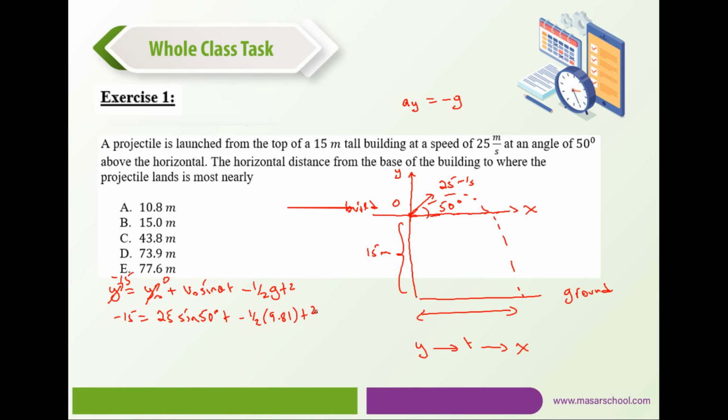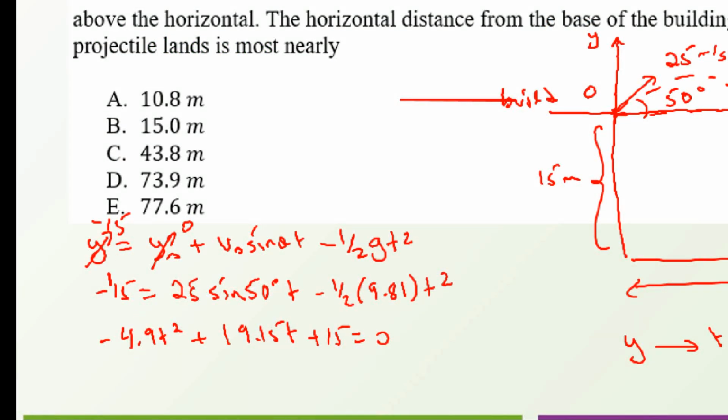Now rearranging this quadratic equation and putting it in decreasing power, that would give us minus 4.9 t squared plus 19.15 t plus 15 is equal to 0. What I have done is just move this to the other side and simplify these. And remember that this is in degrees, so we should compute sine 50 degrees in degrees mode.